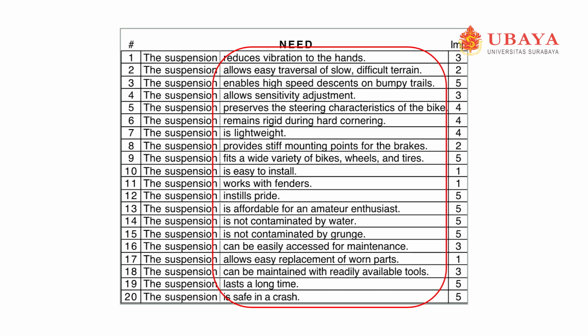So what does it mean if we put 1? Okay, good. 1 is the least important. It means that this is not really important. But what if we put 5? Correct, 5 is the most important.